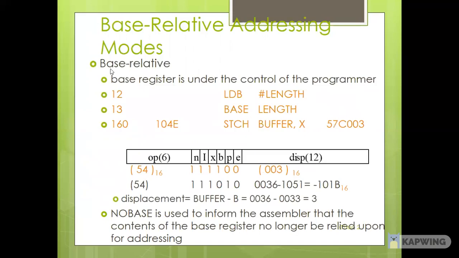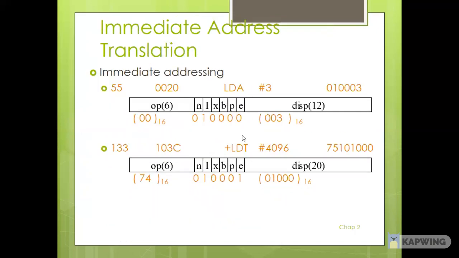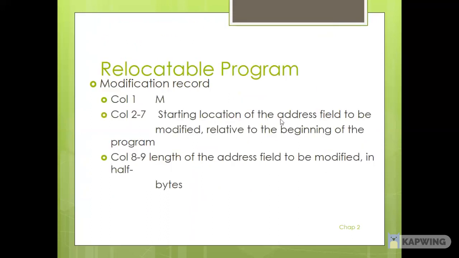Then base relative addressing mode: the base register is under the control of the programmer. So here it specifies the structure of the base relative addressing mode. Then the immediate addressing mode; this is the structure of immediate addressing. Then relocation, the program modification record: the starting location of the address field to be modified, relative to the beginning of the program.